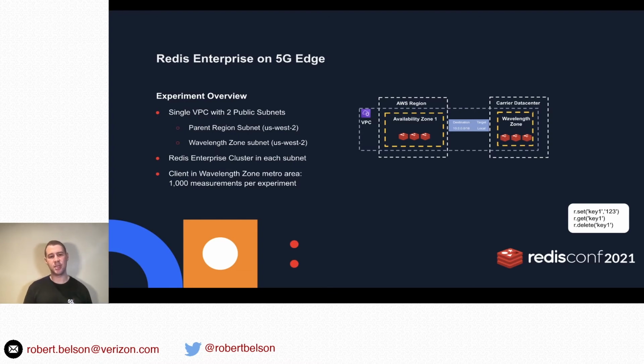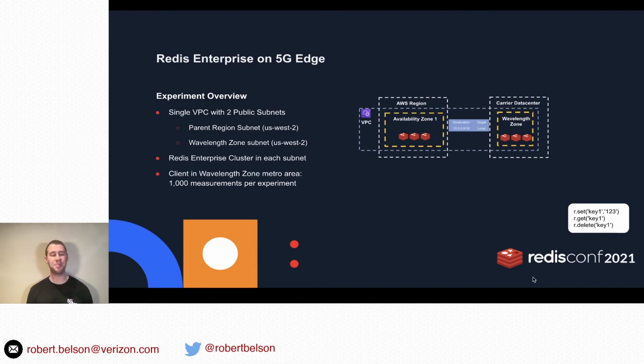And then we used the management UI for Redis Enterprise to help configure the cluster. For each of these 3 instances, all join that cluster that we created, and then do the exact same thing in the carrier data center, or Wavelength Zone, as we call it. And so once we configured these 2 clusters, what we then did was we said, okay, what do we actually want to measure?